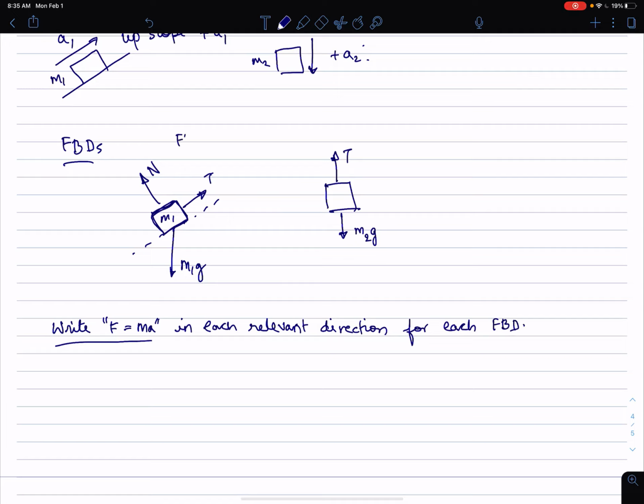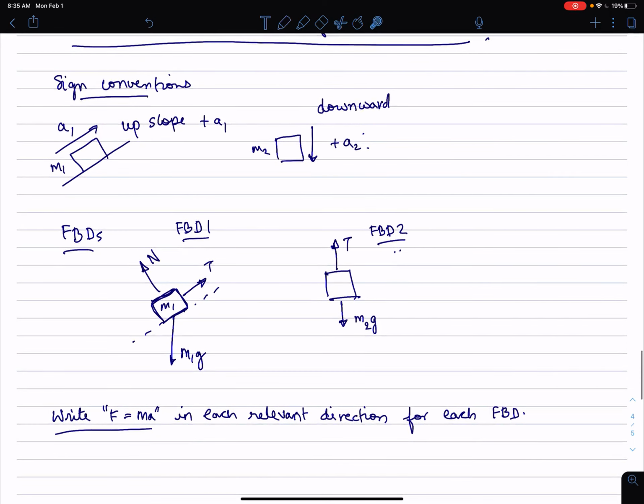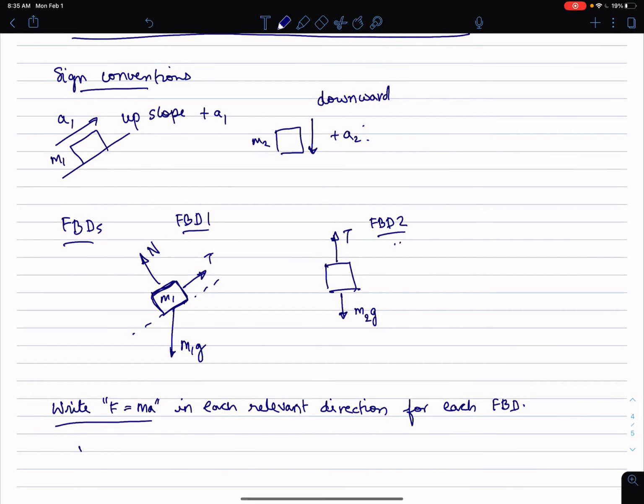So let's call this FBD1. This is FBD2. Let's do FBD2 first. Okay. The acceleration is downward positive. Okay. So let's say for FBD2.